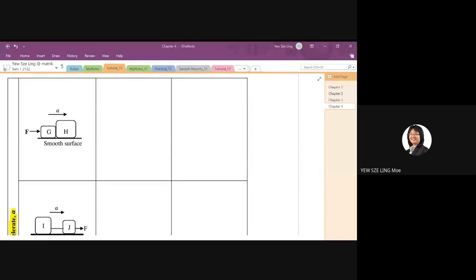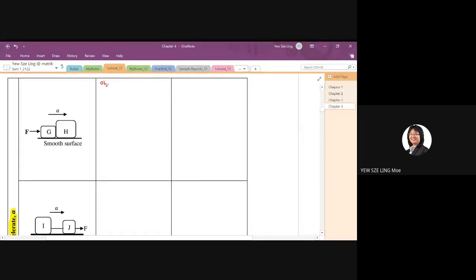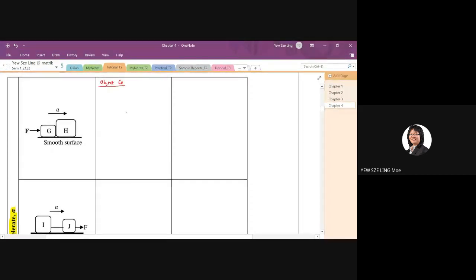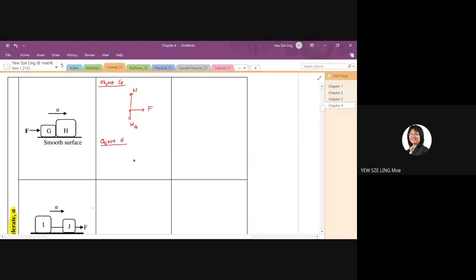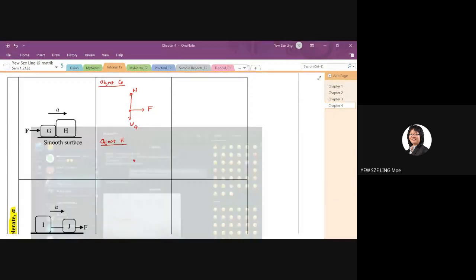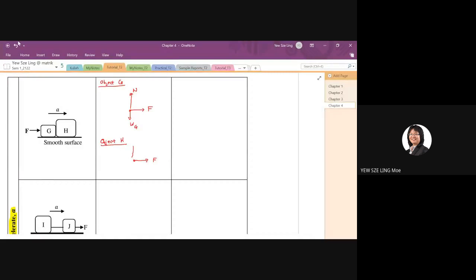So what do I have right now? Your friends give me this diagram for object G. You have a force going to the right, and then you give me this is N, and this is WG, and then this is your object H. So for object H, Siwei gave me basically the same diagram, but with a different subscript.